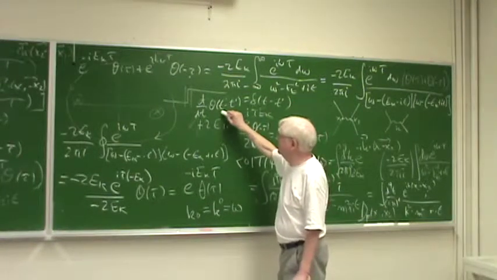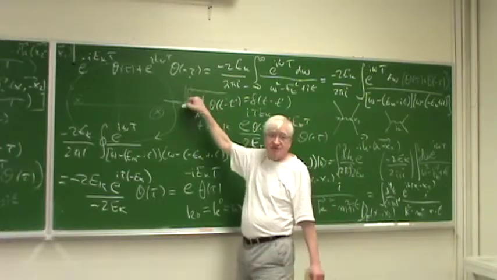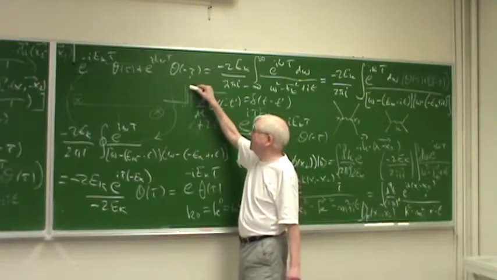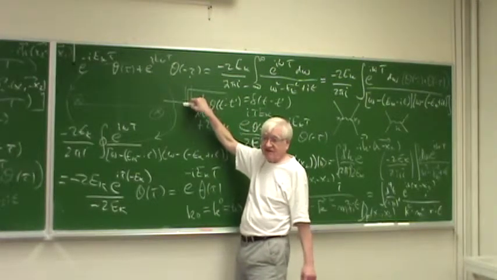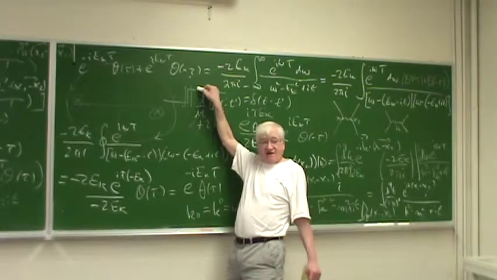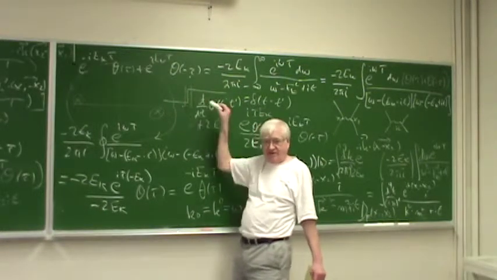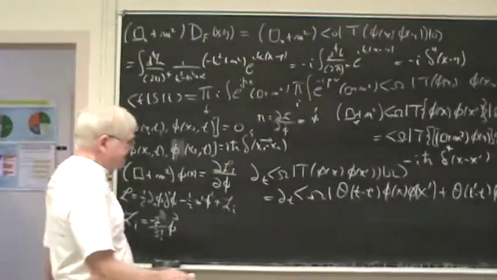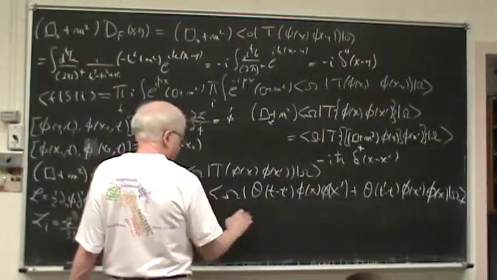And here, you're also going to get 1 because you go up by 1. So it's theta evaluated on this side minus theta on this side. And because one side is the heavy side minus the light side is 1. So that's the normalization.